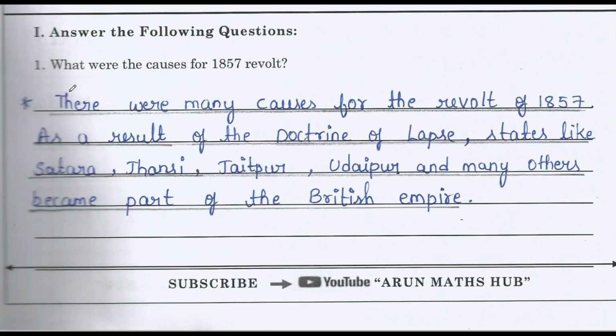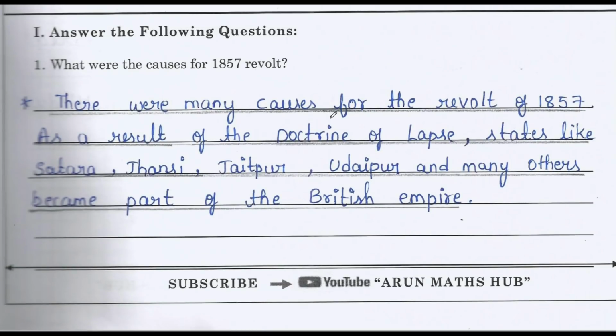Instead of asking all the reasons, they can ask you to explain any two reasons from the textbook. This is a very important question for 4 marks. This same question has also been discussed in the Akashwani program, where they ask to explain any two reasons for the 1857 revolt: economic causes, immediate cause, administrative causes.